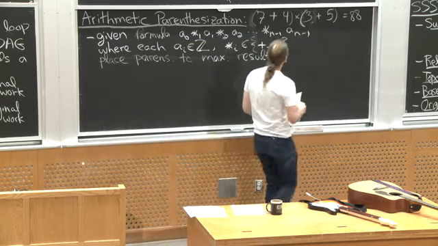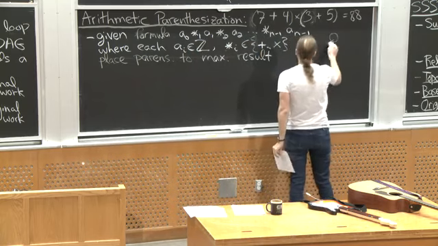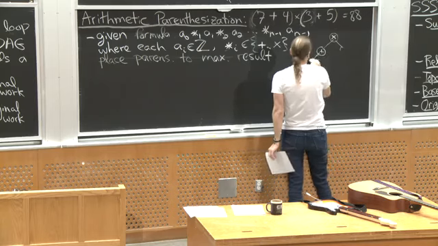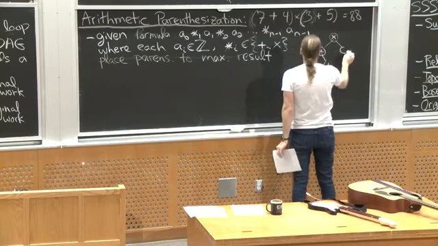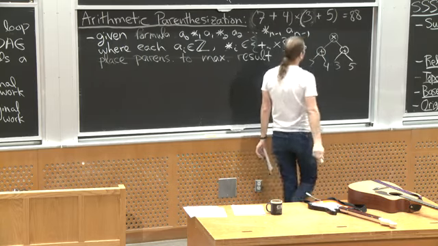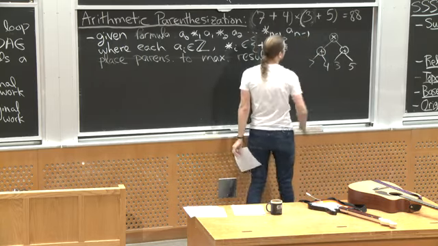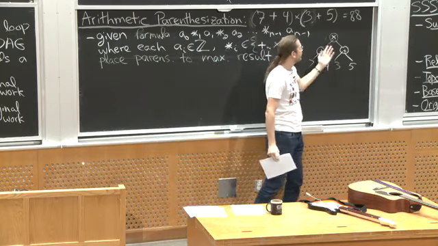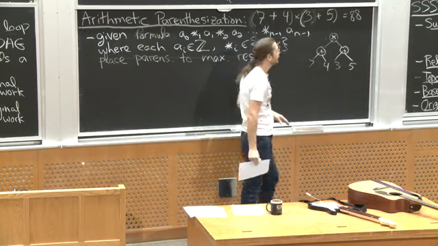Because we can think of this as a tree, where we take a product here, we take a sum of 7 and 4, and 3 and 5 over here, and then take the product at the root. But I don't know what the tree is, right? I only know these numbers and these operators, but I don't know how to organize this tree.